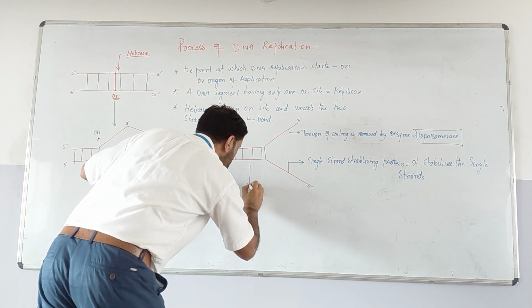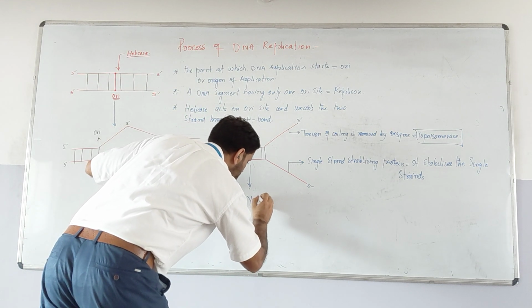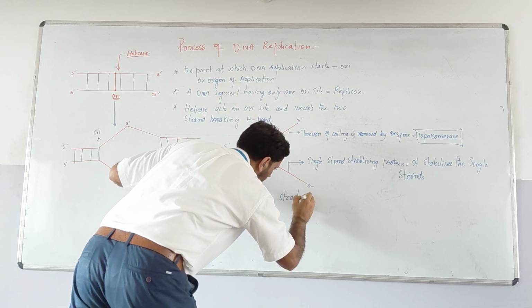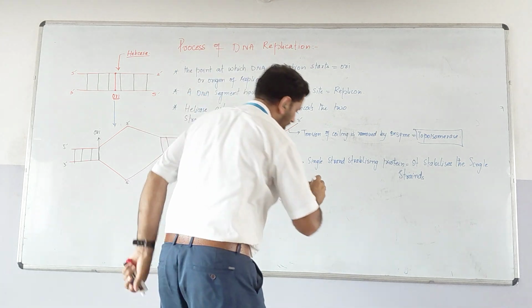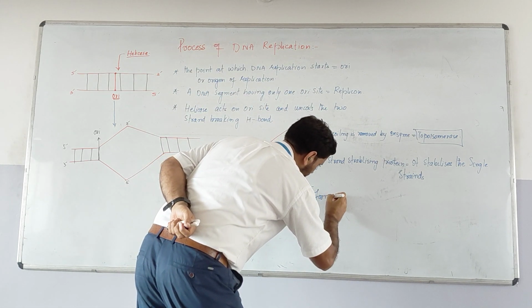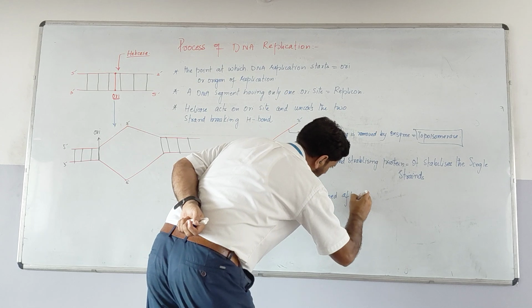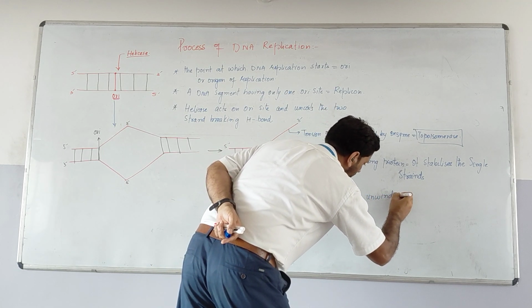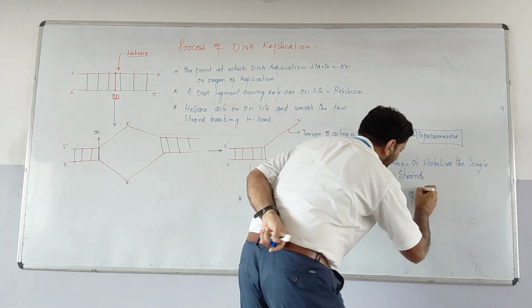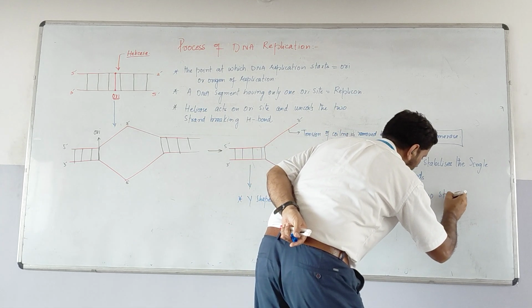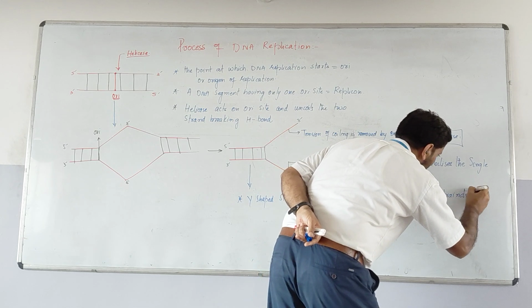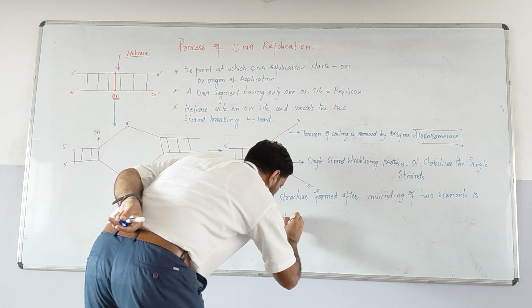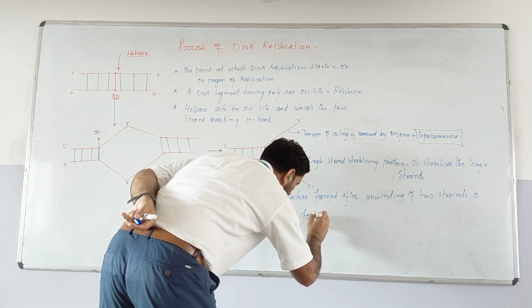This structure is Y-shaped. The Y-shaped structure formed after unwinding of the two strands is called the replication fork.